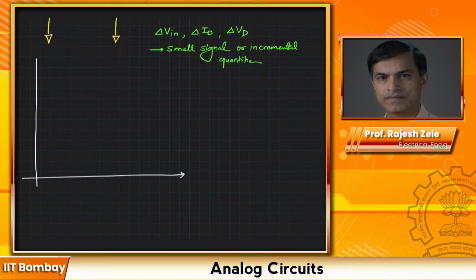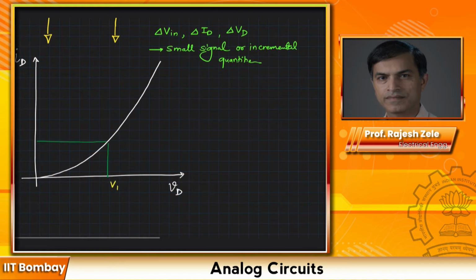Since the diode is forward biased, we're going to call it ID and VD, and it looks something like this. The point at which we are operating right now is this one: this is our VD DC operating point, and this is our ID DC operating point.